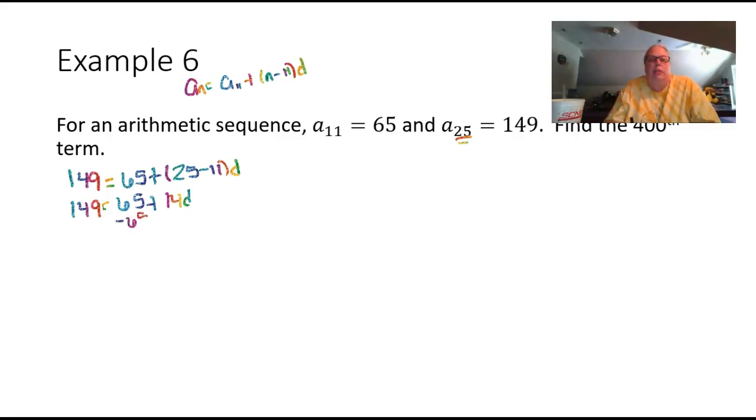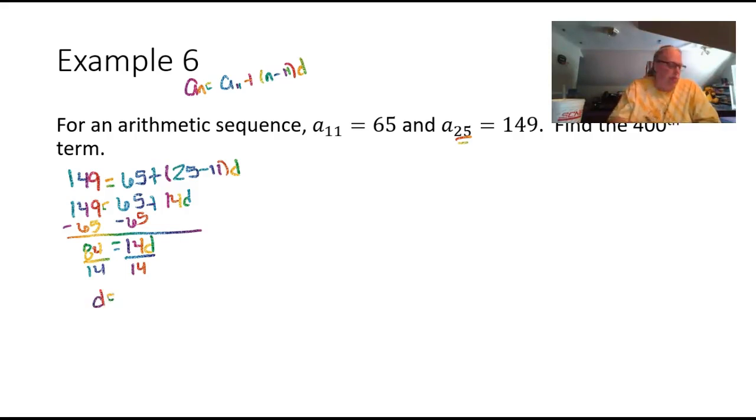Let's subtract the 65 to the other side. We get 84 here equal to 14d. And then when we divide by 14, looks like d will be equal to 6.